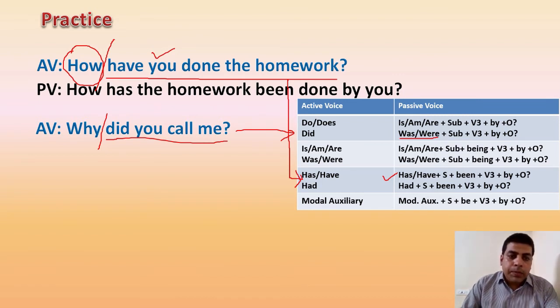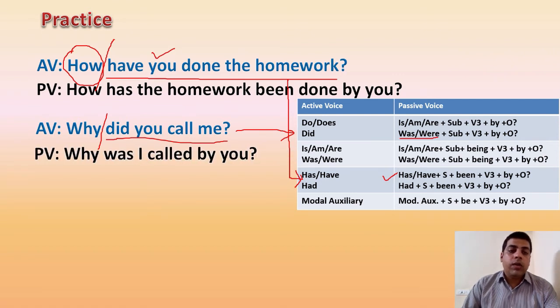So for this particular part, I am going to have the answer, I was called by you, and after that I am supposed to bring the WH word, and what is that? Why was I called by you?